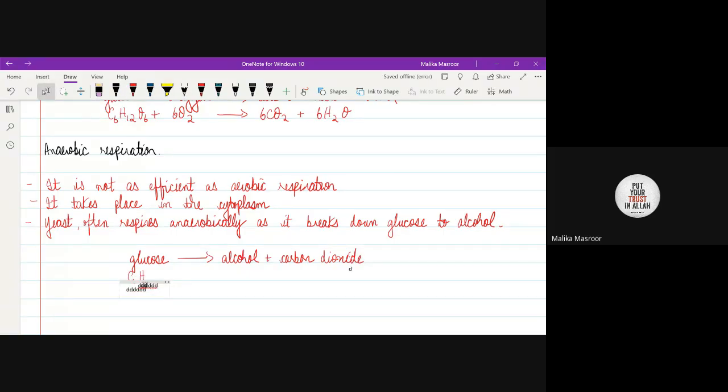That is, glucose gives C2H5OH plus carbon dioxide.